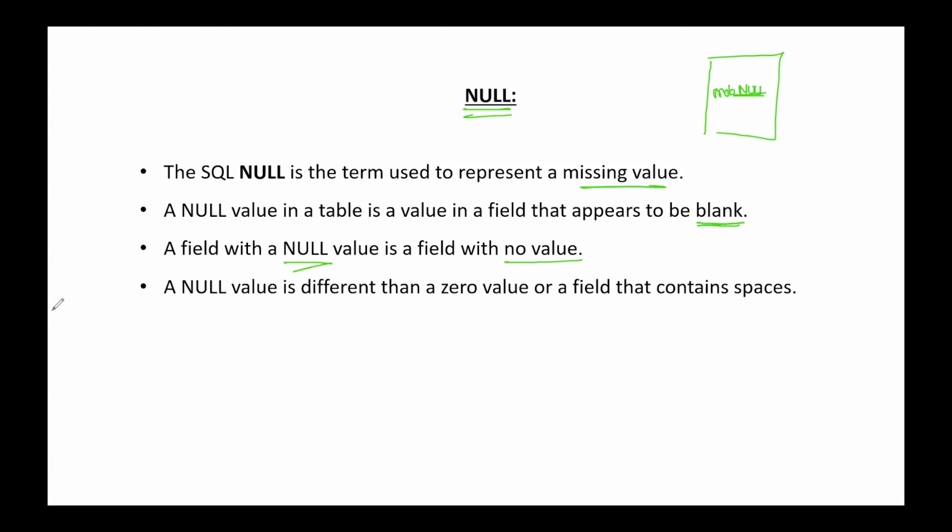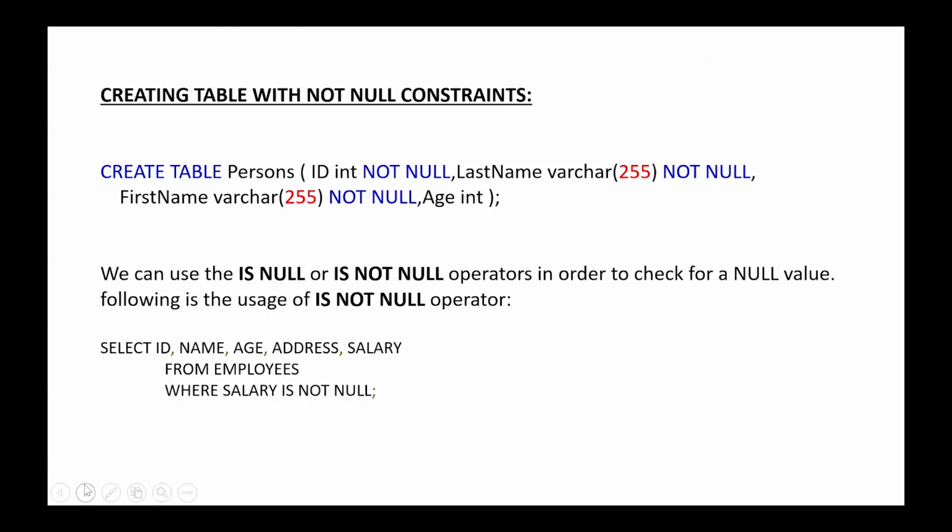So why are we talking about null here? Every time we have a database, there is a possibility that we would want our table not to have nulls. That is, every time I create a table, I would want the user to enter some value. I do not want him to leave it blank. In such situations, I can give something called a not null constraint. Just like we have learned different kinds of constraints, there is a not null constraint.